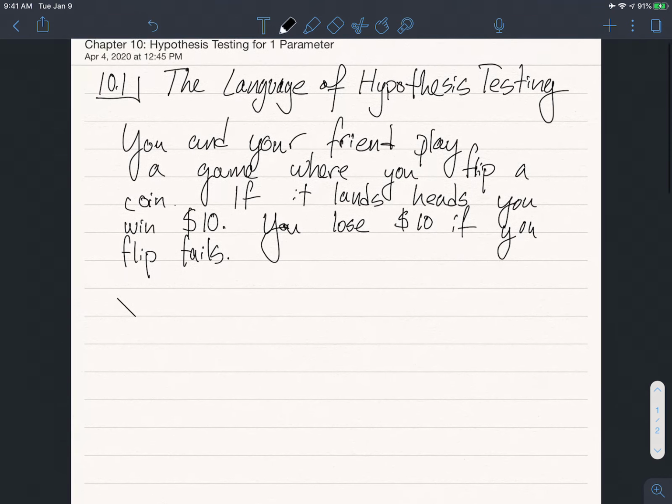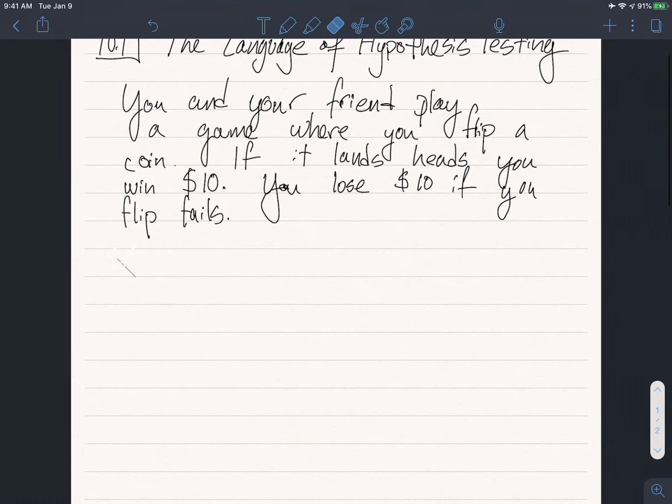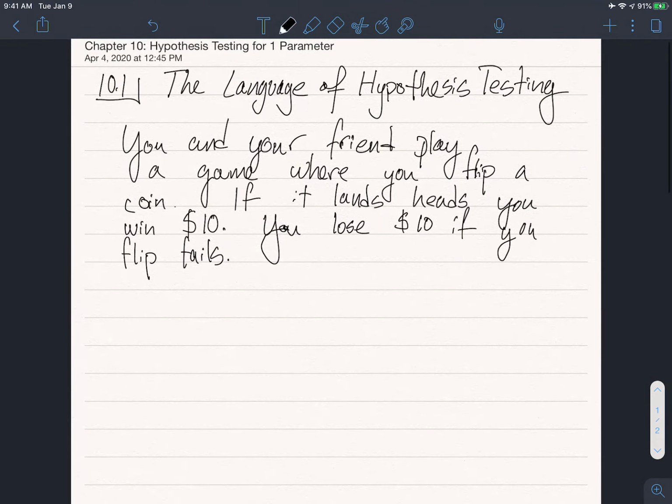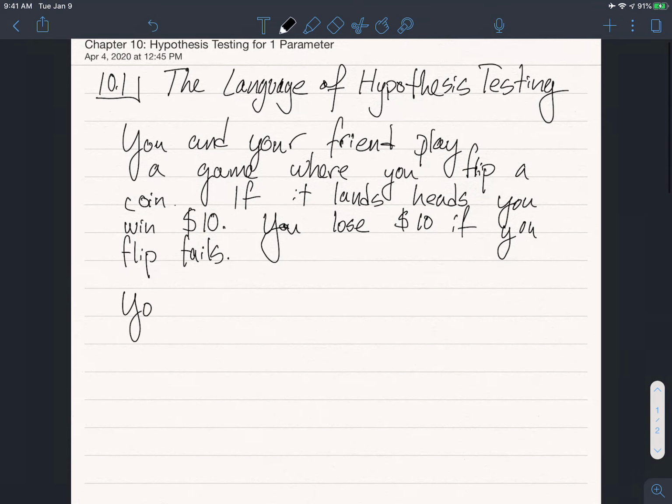All right, so you're playing this game, and now here's the scenario. You flip the coin, and it's tails. So you end up losing. All right, you're going to be sad for a second.